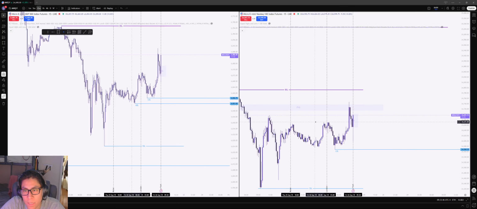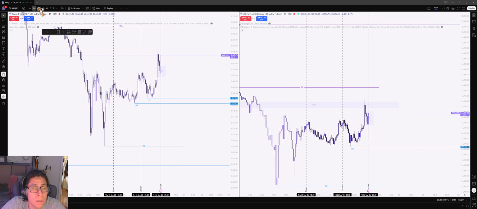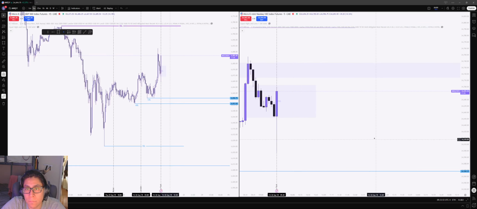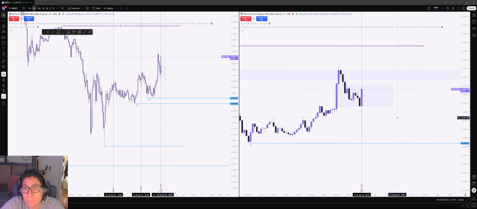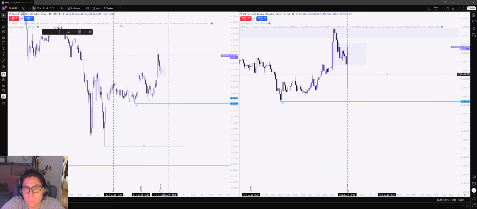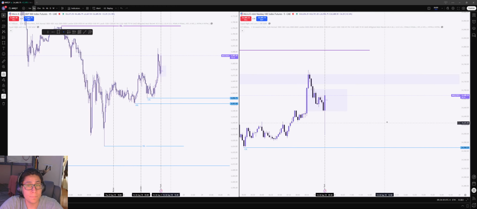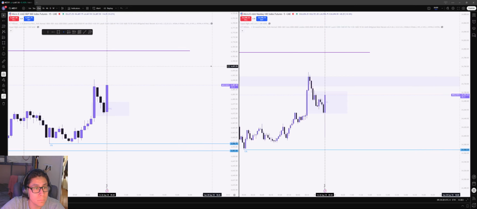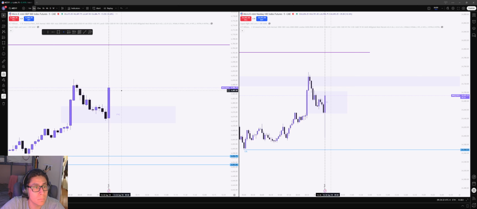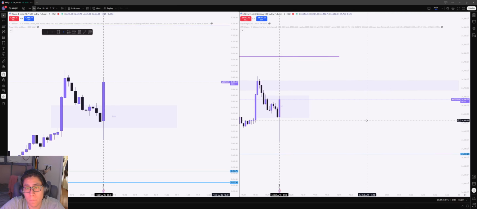I guess we do have this general liquidity here sitting up these levels, but it looks like we're pushing here on these.